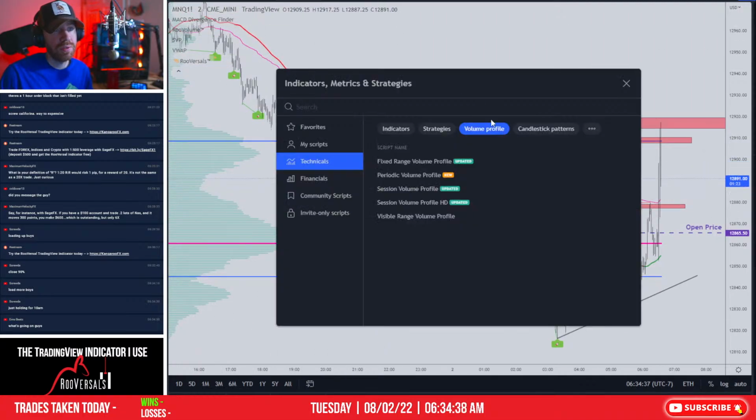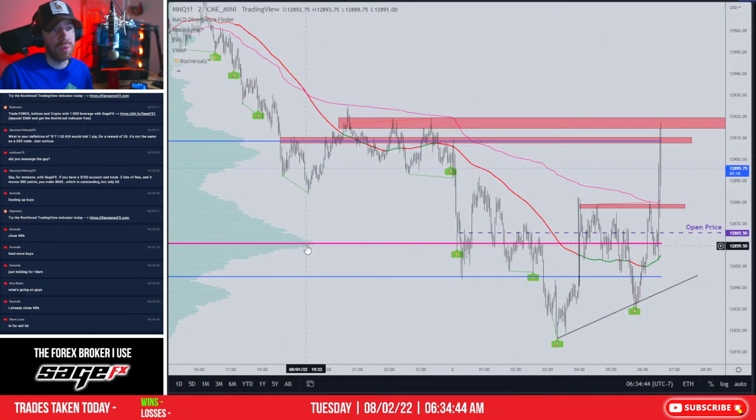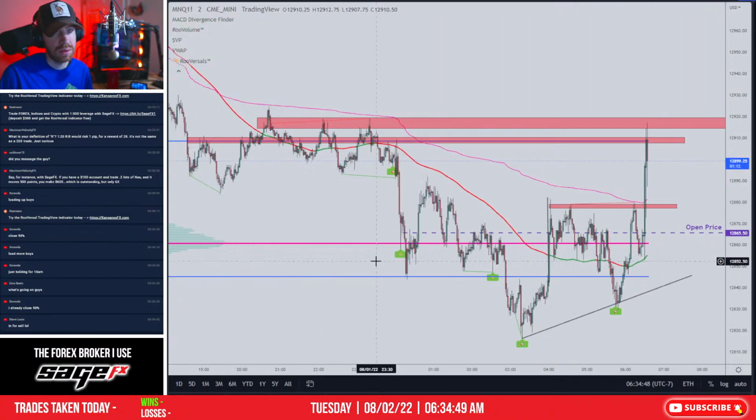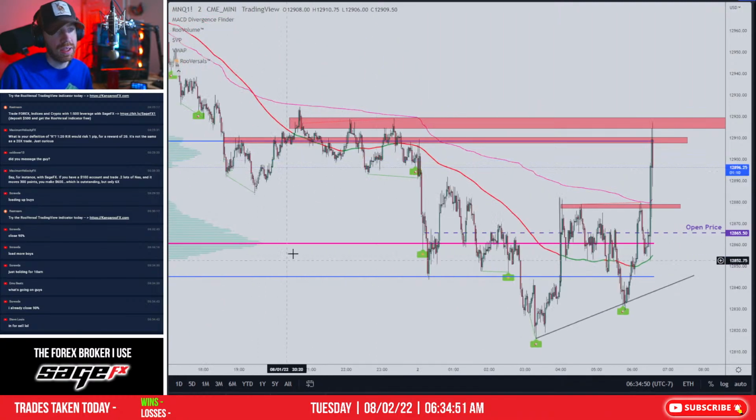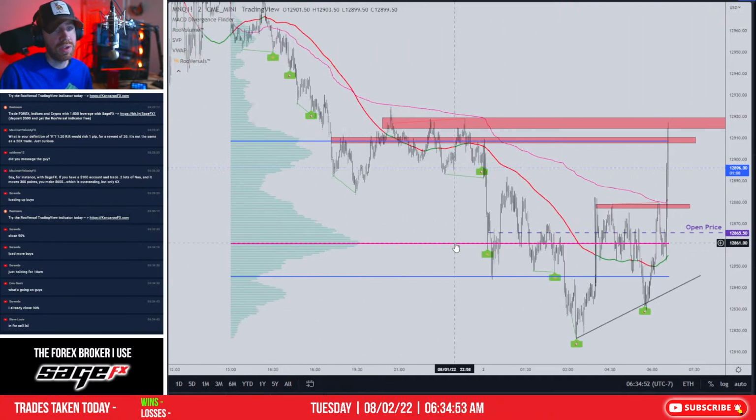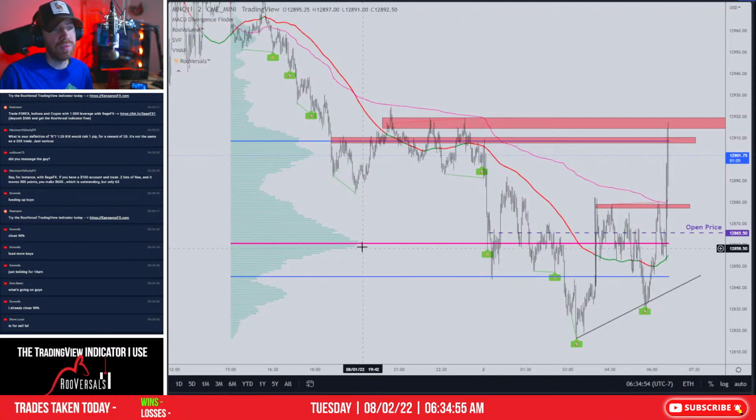If y'all want to check out a different indicator, go to Technicals, Volume Profile, Session Volume, and it'll show you where the most volume has been traded. It draws up zones based on where the most volume's been.